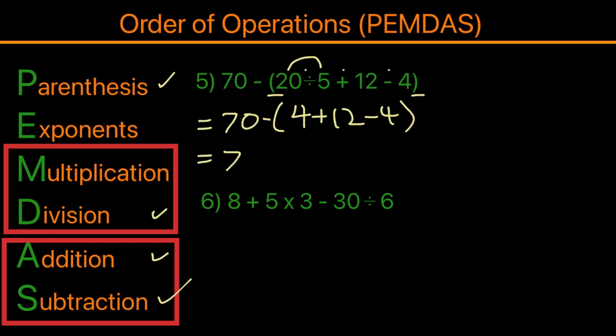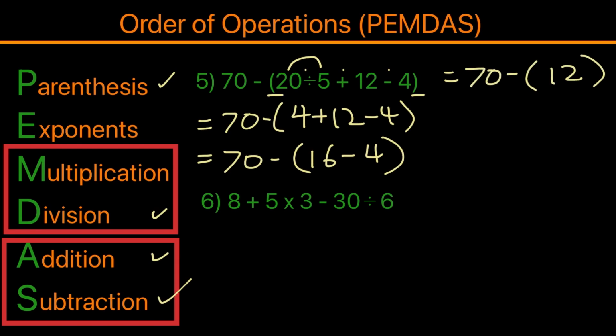We'll take 4 plus 12 and then minus 4. 4 plus 12 is 16, and then minus 4. 16 minus 4 is 12. And since this is the last operator, we simply do 70 minus 12, and we have 58. And so 58 would be your answer.